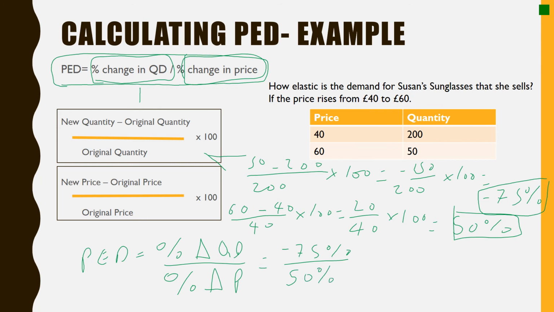Okay, so we should be able to work out the elasticity of demand based on this formula. So minus 75% divided by 50% will give us minus 1.5. Okay, I'm going to go through what these results mean on the next slide, but our answer is 1.5, which means that the demand for Susan's sunglasses is elastic.